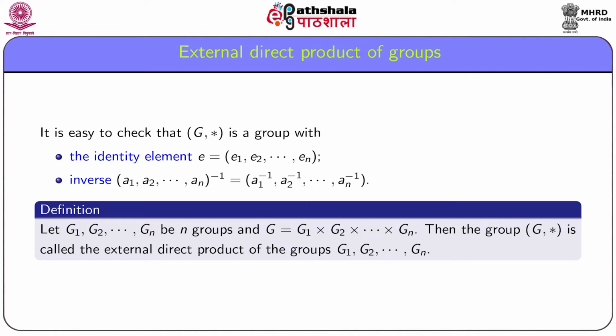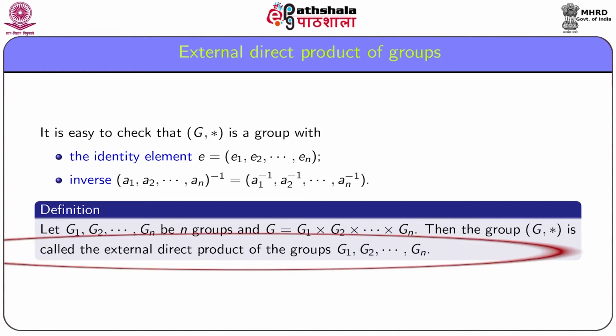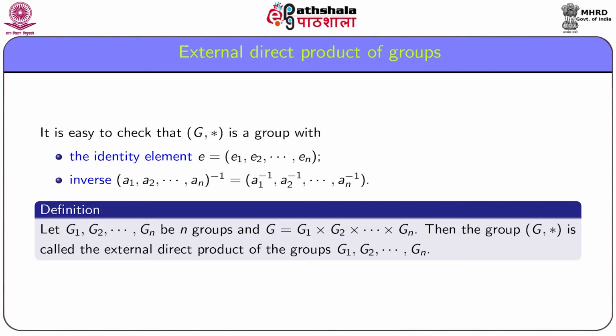Thus, we have a binary operation star on G so that the Cartesian product becomes a group. We call this group G with respect to star the external direct product of the groups G1, G2, up to Gn.